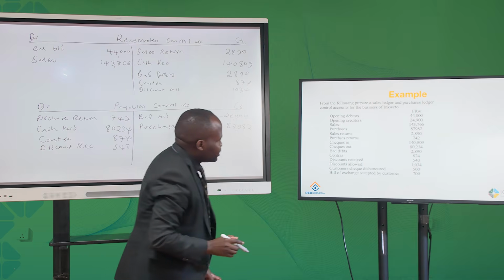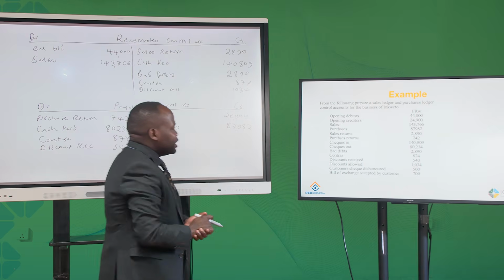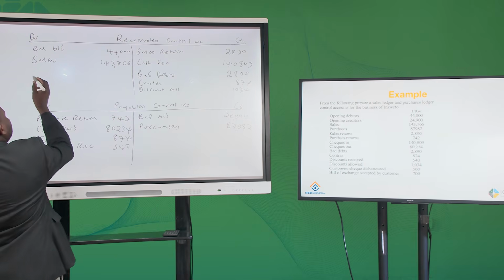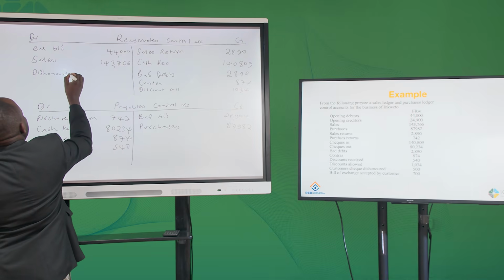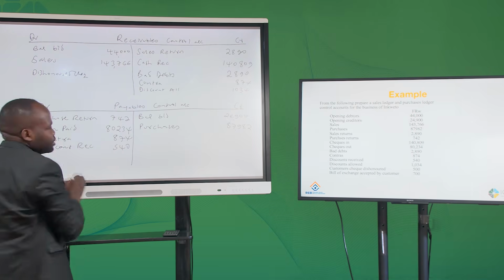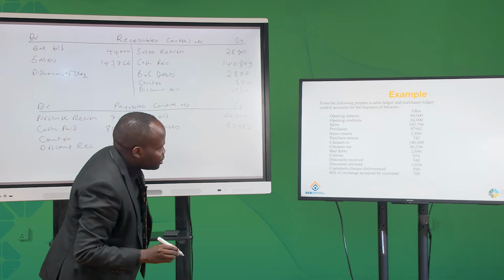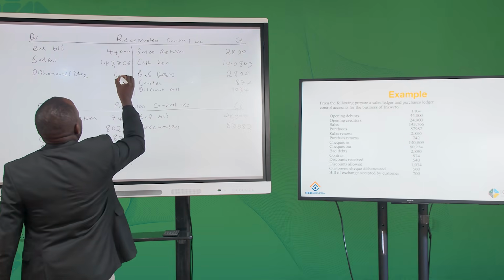Okay? Next, customer check dishonored. So dishonored checks come here. Dishonored check is 500.